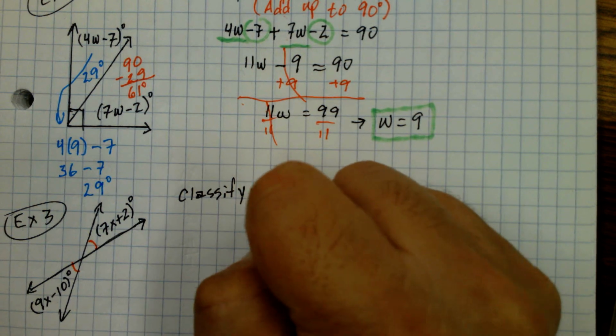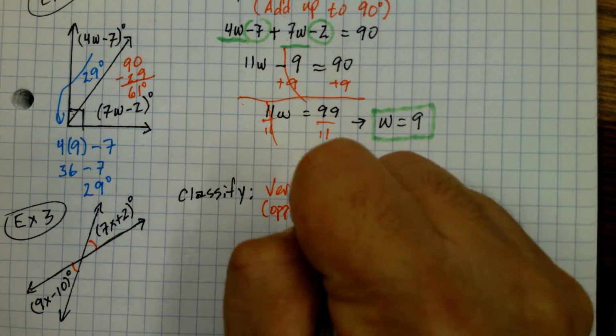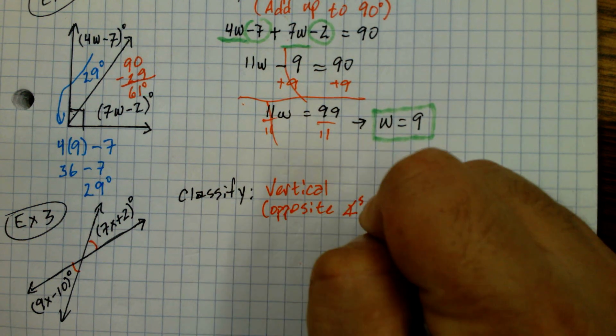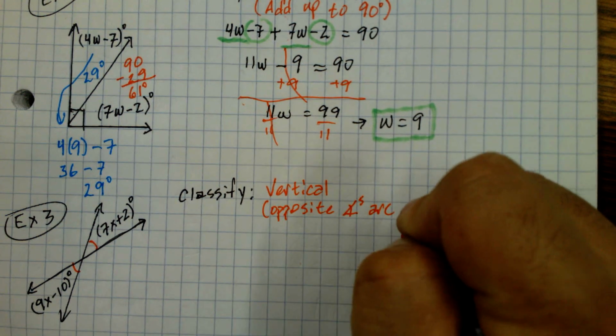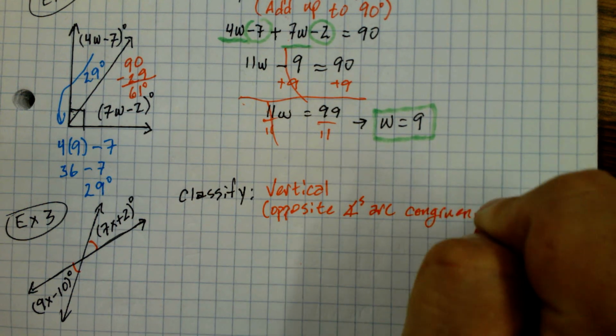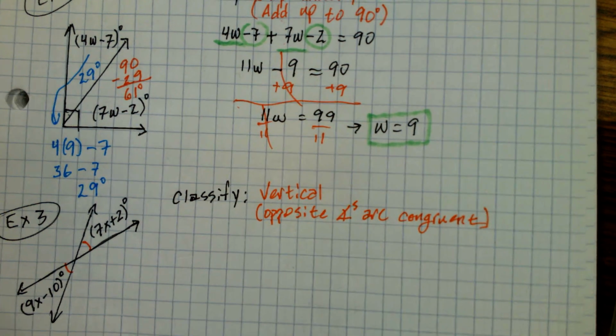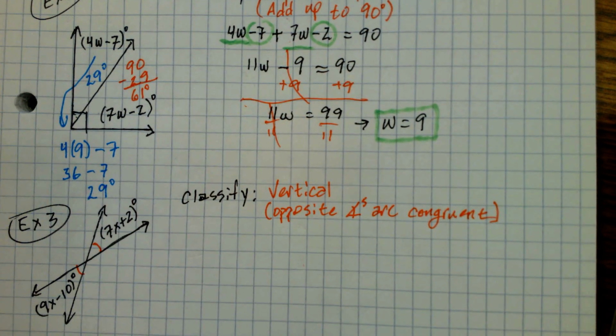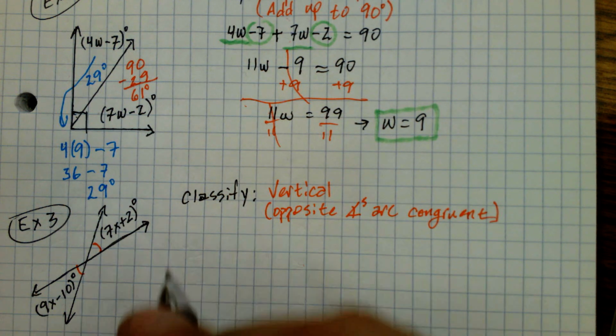Okay, so let's write that down. Opposite angles are congruent. There's actually a symbol for congruent, but I think we could just write it out. Opposite angles are congruent. All right, so that means I could say they're equal to each other.